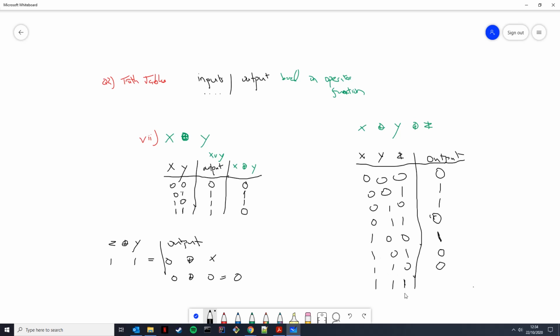Now, interesting. Let's take the last value. So X is 1, Y is 1, Z is 1. So X and Y and Z. Now you'll probably be thinking this is going to be 0. So let's find out. They're all true. Now surely if they're all true, it has to be 0.